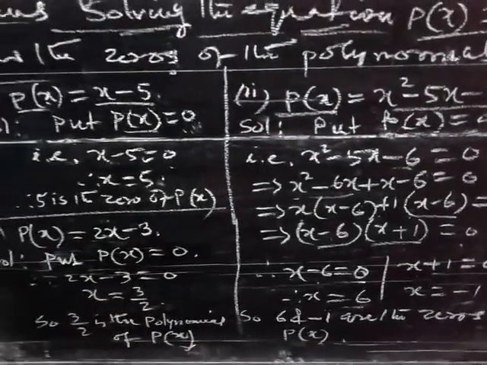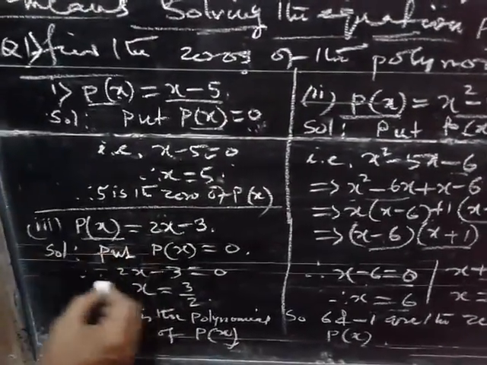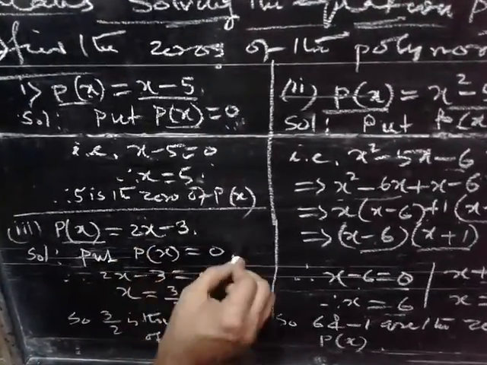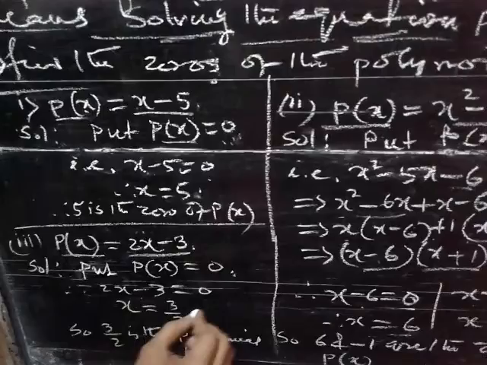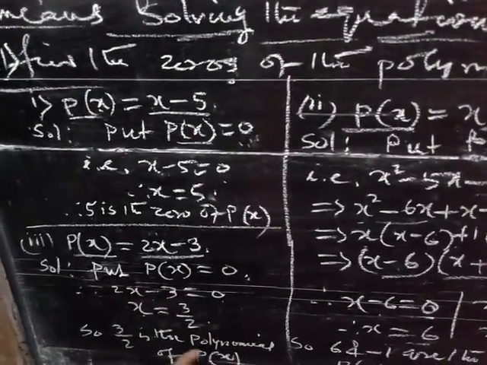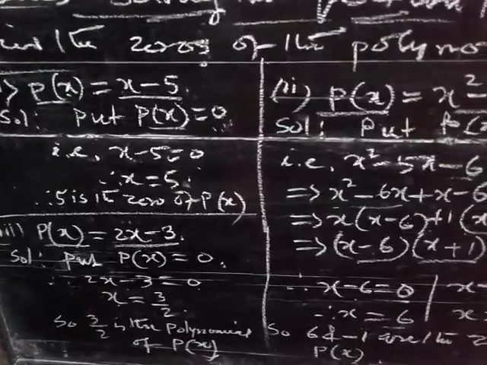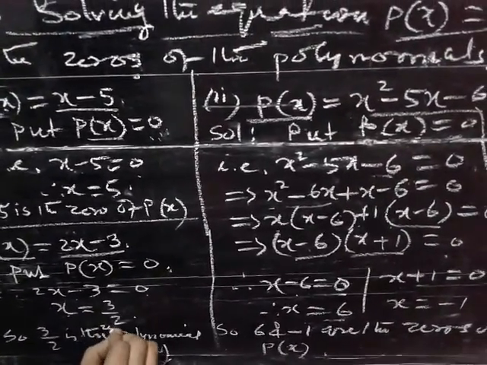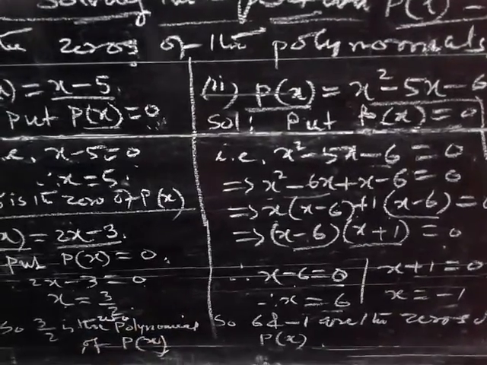Now number 3. If it is given the polynomial p(x) equal to 2x minus 3, then once again put p(x) equal to 0, meaning 2x minus 3 equal to 0, and find the value of x. That will be 3 by 2, which is the zero of the polynomial p(x).